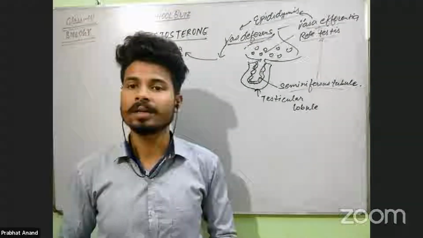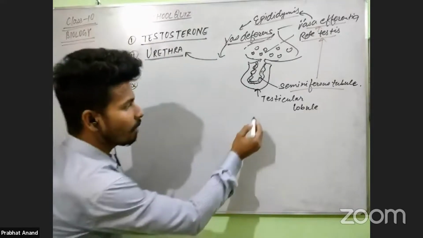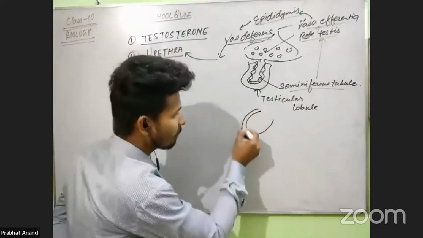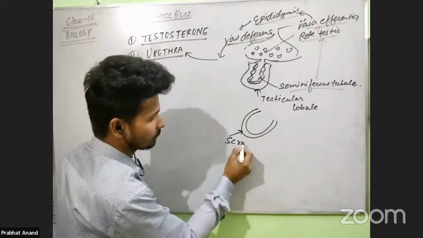Everyone got it? Can you repeat once again? Yes. I said that the scrotum is the covering of our testes. This is the testis, and it is covered with a layer, and this layer is called the scrotum.